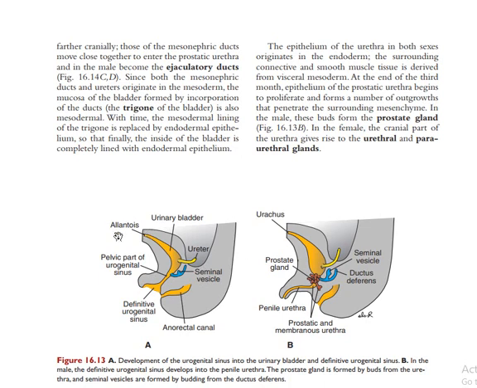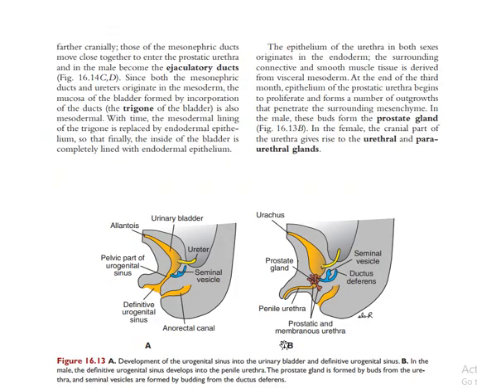At this position, you see that the allantois derivative is going to degenerate, and it's going to form a small structure called the urachus above the bladder. Here is going to be the prostate gland. Here is going to be the penile urethra inside the penis. You are going to have the seminal vesicles. The ductus deferens is going to be the later formation of the mesonephric duct, and you have the seminal vesicle here, and the membranous urethra.